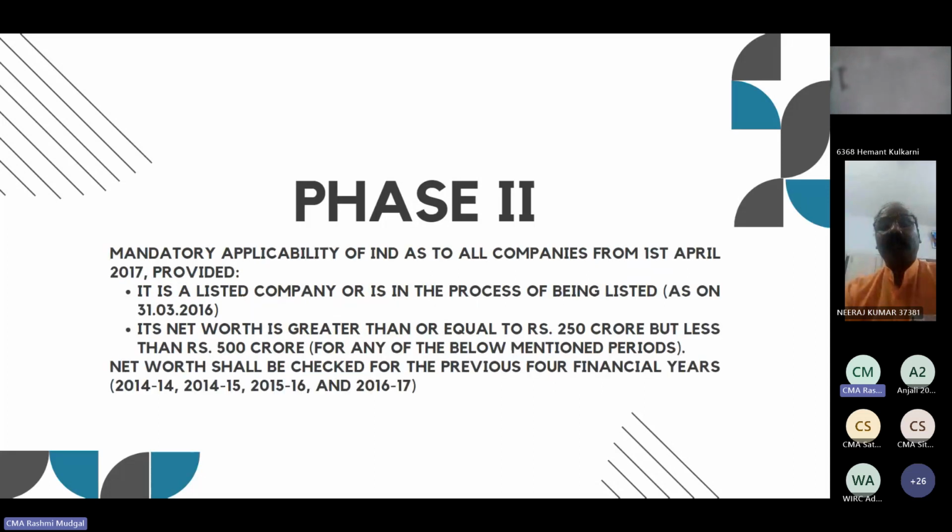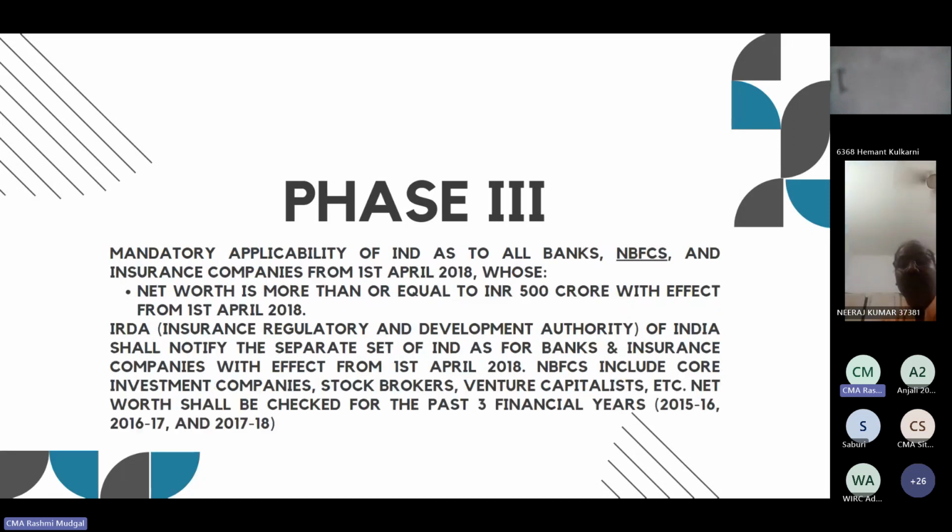In phase two, mandatory applicability of Ind AS to all companies from 1st April 2017 if it is a listed company or in the process of being listed as on 31st March 2016, or its net worth is greater than or equal to 250 crore but less than 500 crores for any of the periods 2014-15, 15-16 and 16-17.